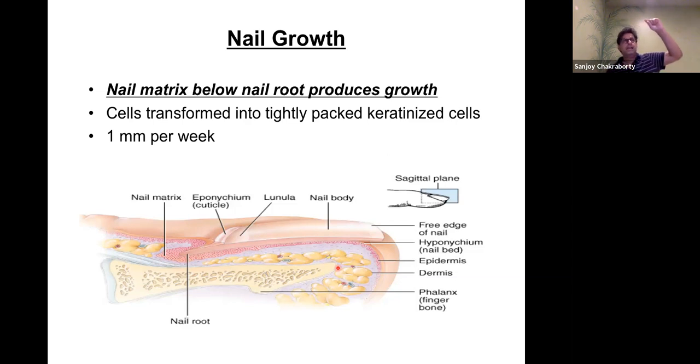Then we need to know the epidermal ridges and the dermal papillae. They go in an interlocking position, and those dermal papillae and epidermal ridges are genetically controlled. So everyone has their own pattern that ultimately shows up in your finger, which is the fingerprint. That's why you can use it as identification. Then you study the dermis.